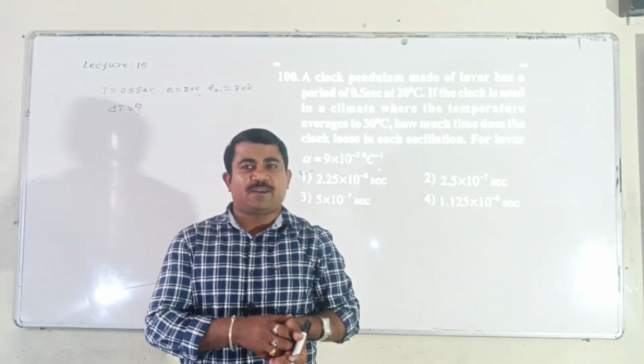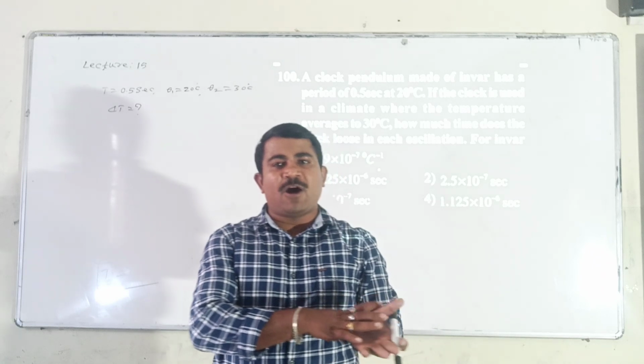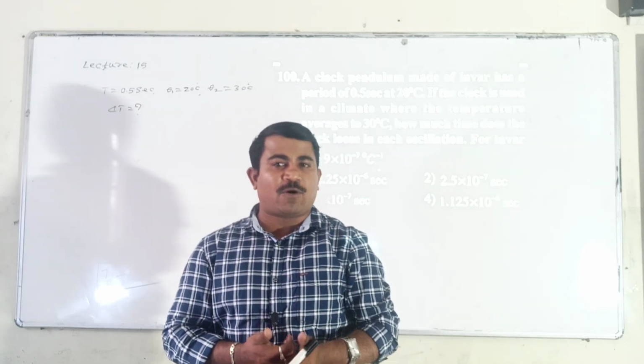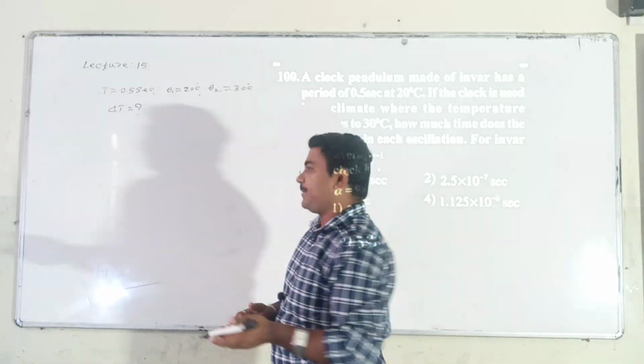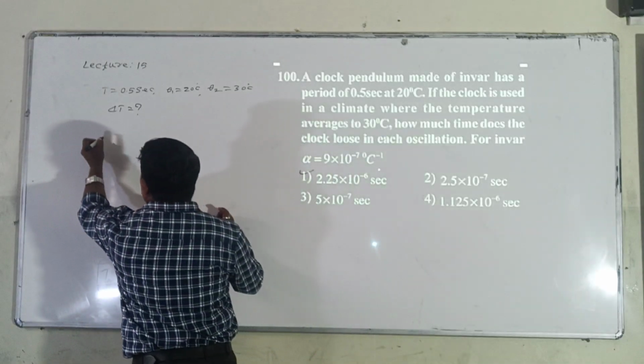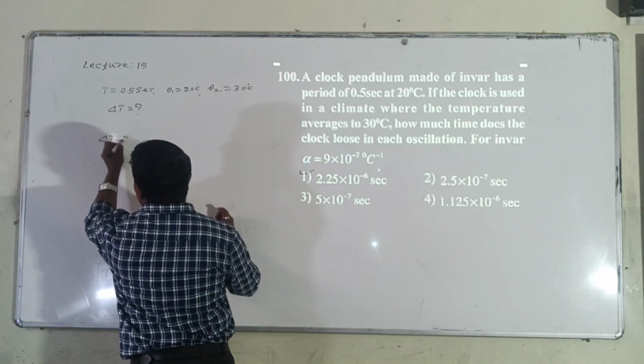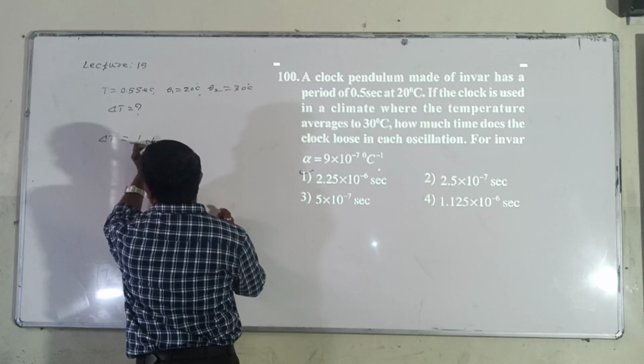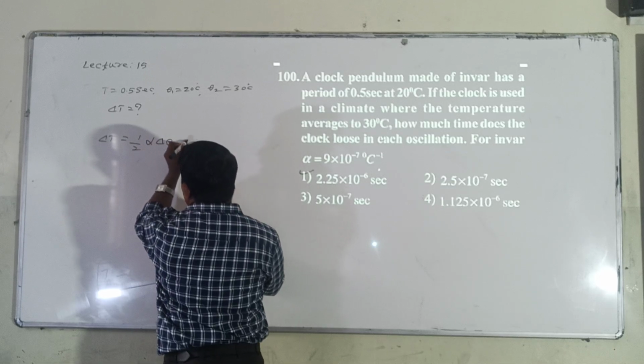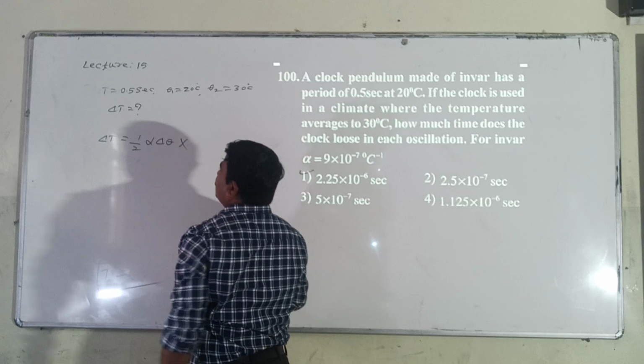Generally we have the formula for the loss or gain in time for a simple pendulum, which we obtained in theory class. Delta T, the change in time period, is half alpha into delta theta into the number of oscillations.